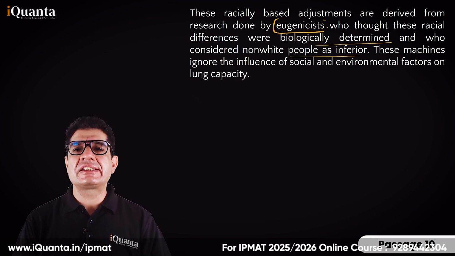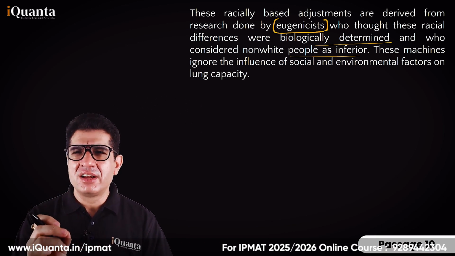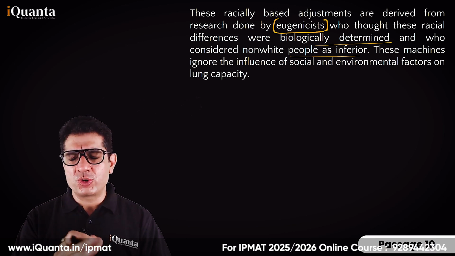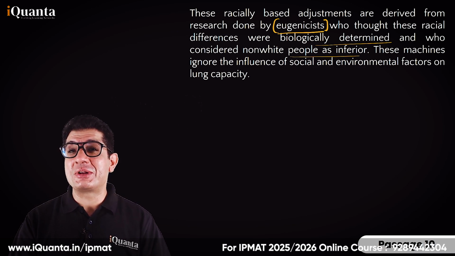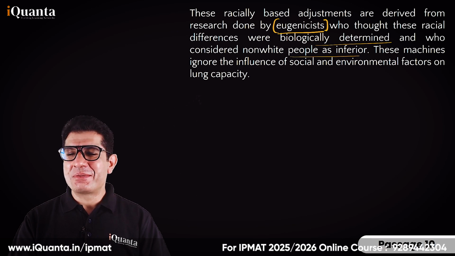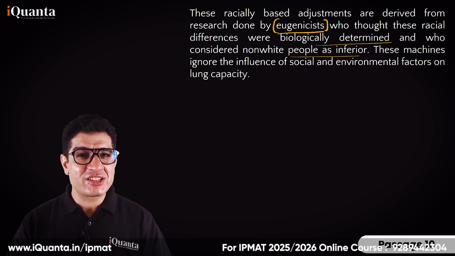So eugenics is a branch of genetics that studies how we can make a particular species better. So as a science, it is pretty neutral, but then during the era of around World War II, this got applied to human beings. Remember Hitler's persecution of Jews? Nazi Germany killed millions of Jews by saying that Jews are inferior, Aryans are superior.